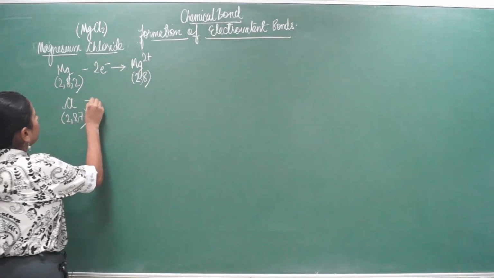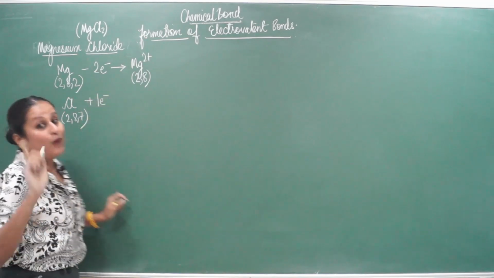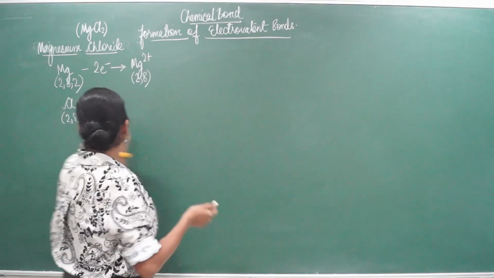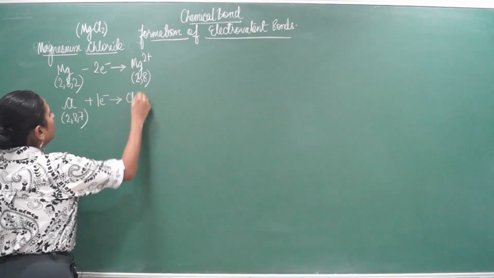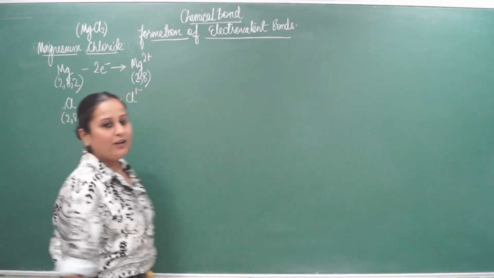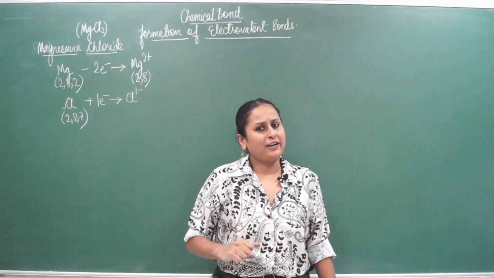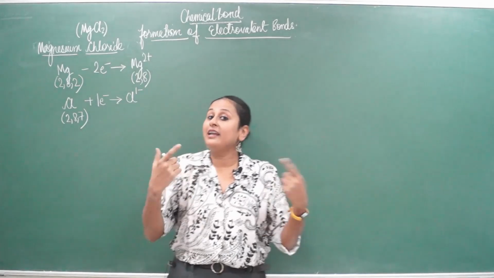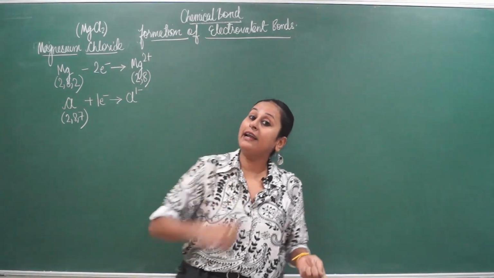So 1 chlorine will only accept 1 electron. Correct? It cannot accept more than 1 electron. So 1 chlorine will accept 1 electron and now it has 1 extra electron, but the number of protons is still 17, number of electrons is 18, so it will get a unit negative charge.